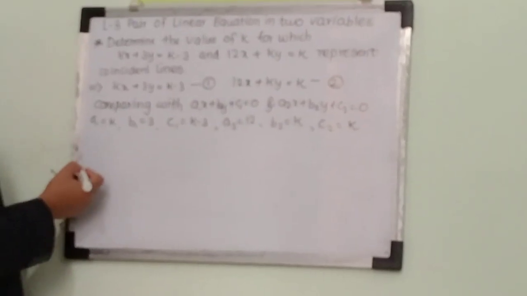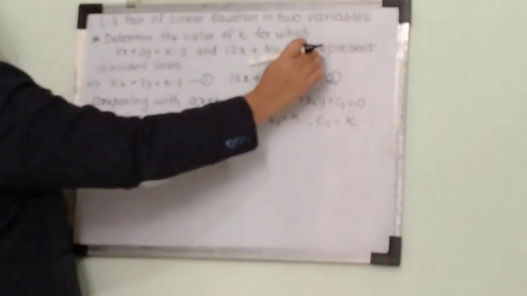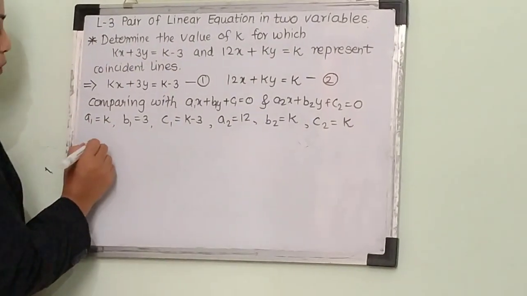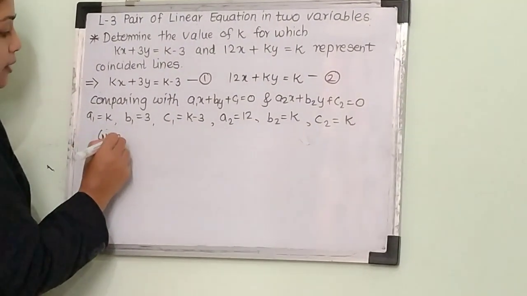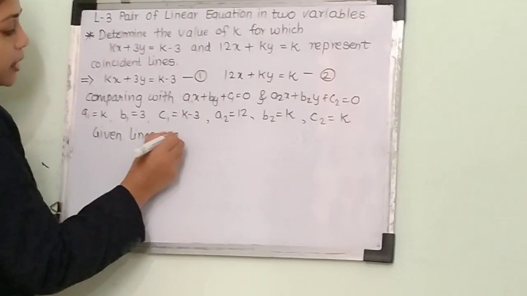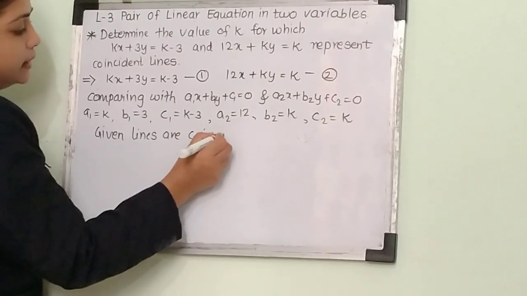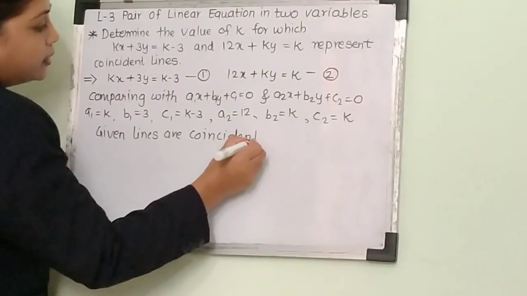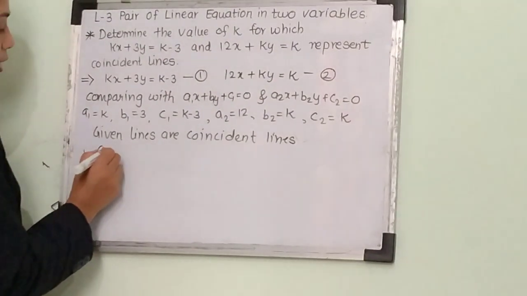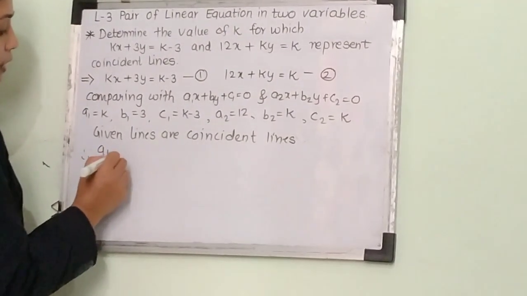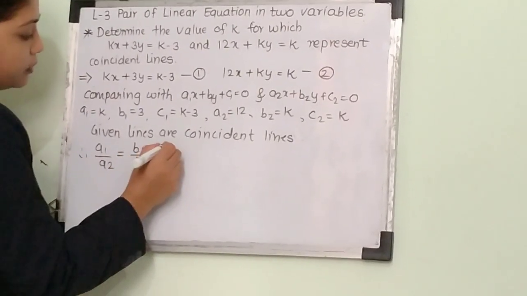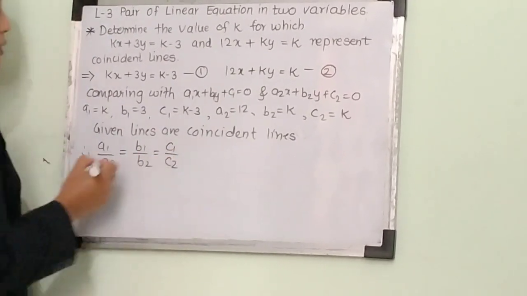So here it is given that they are representing coincident lines. So the given lines are coincident lines. Therefore we can say that the ratio of a1 upon a2 equals to b1 upon b2 equals to c1 upon c2.